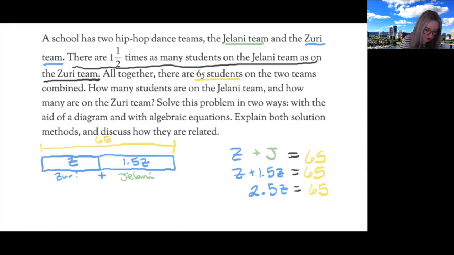And if you want to conceptually understand this 1.5Z a little bit differently, we could also think about it as being Z plus another 0.5Z, or a half of a Z. And then when we think about dividing by 2.5, that's just going to leave us with the length of one of our Z's. So let's do that. We're just going to get one of these left when we divide by 2.5.